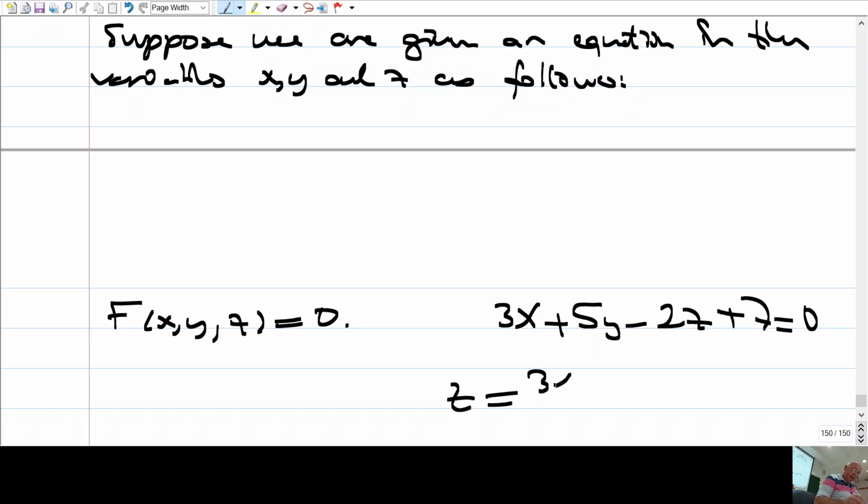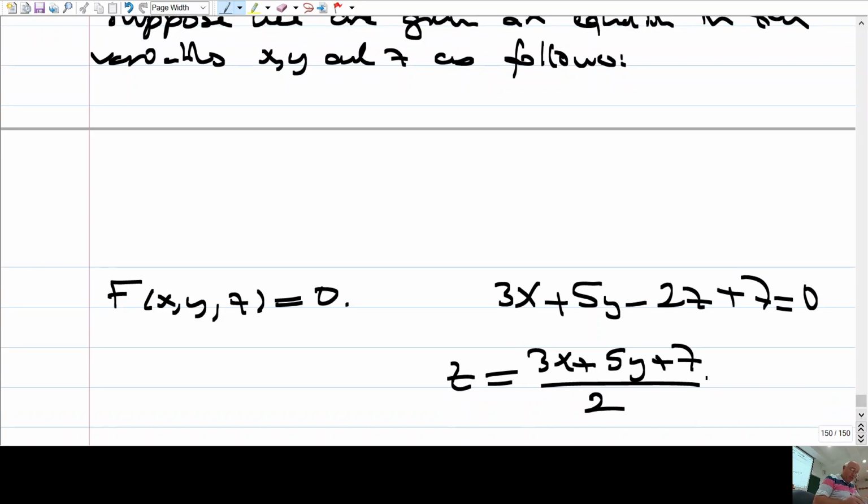This is 3x plus 5y plus 7 over 2. So in this case, we could write z as a function of x and y. We could solve the equation for one of the variables in terms of the others, right? So here we write z.